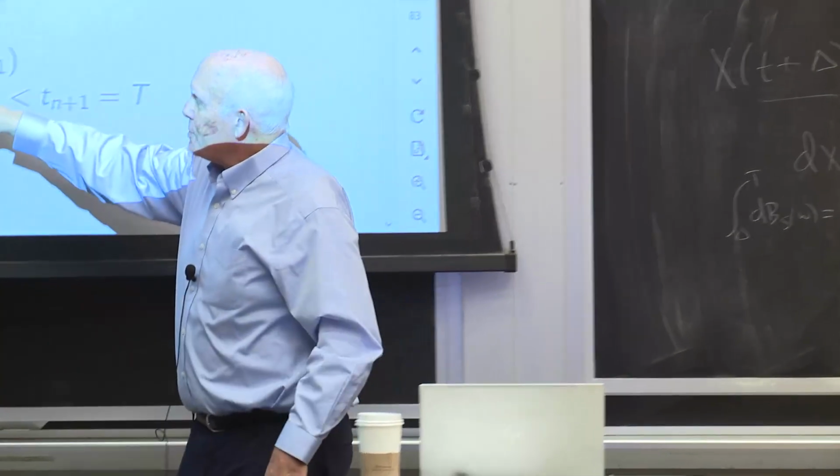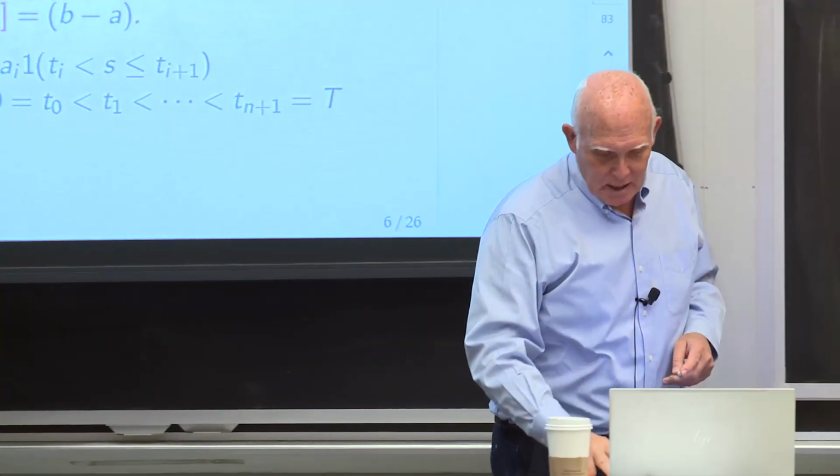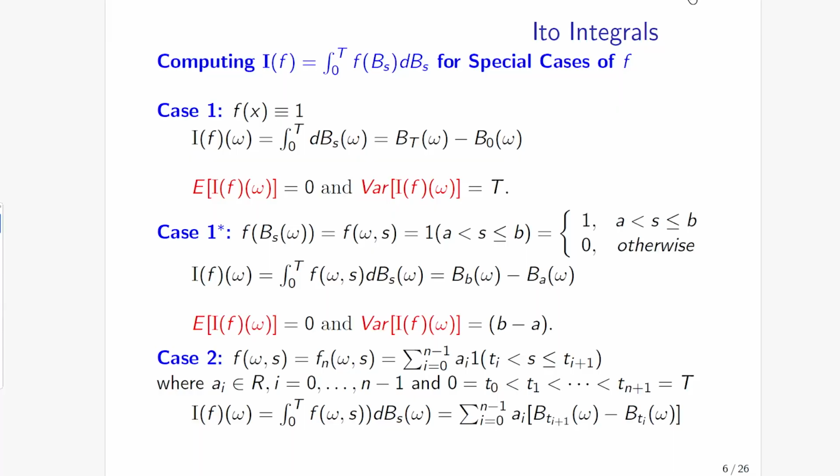But here, with this particular step function, we can define the Ito integral to just be the sum over the increments of the step levels times the increment of the process.